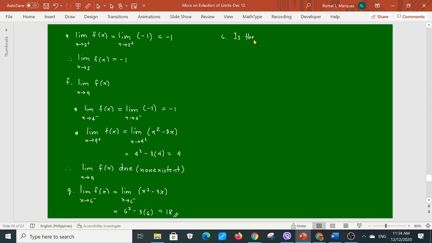Is there a number c such that the limit as x approaches 2 of 2x squared plus 3 minus 2c... minus 3c.